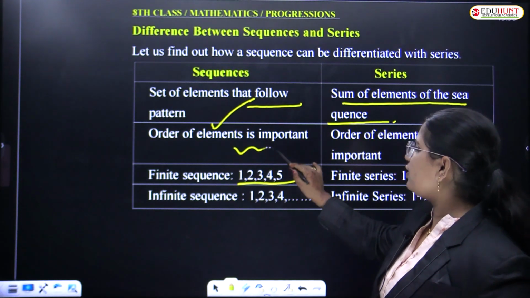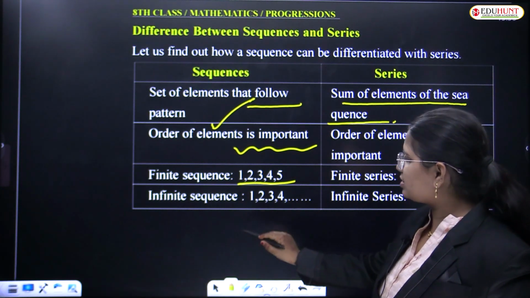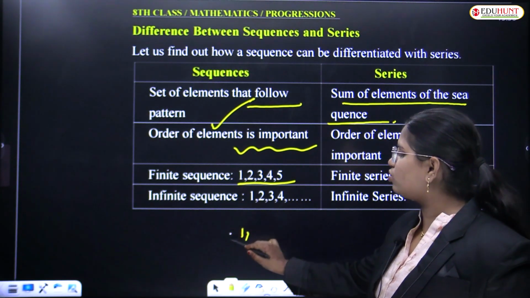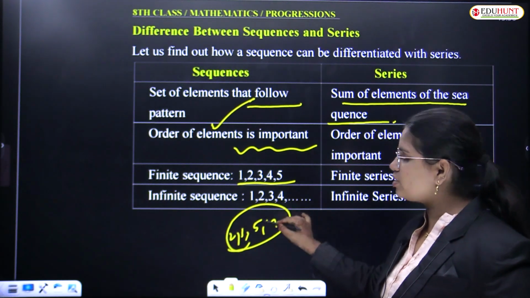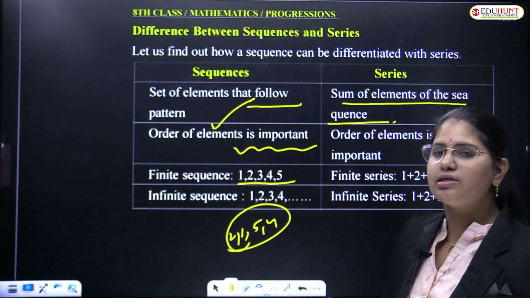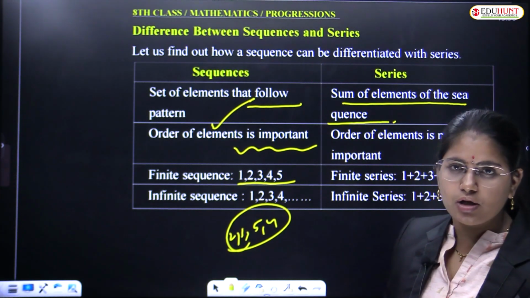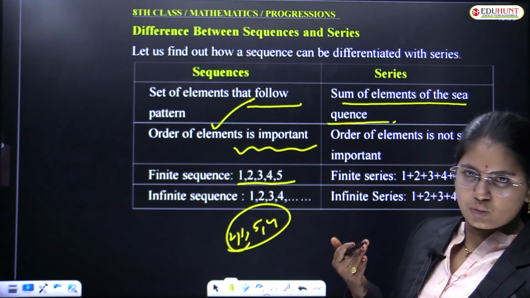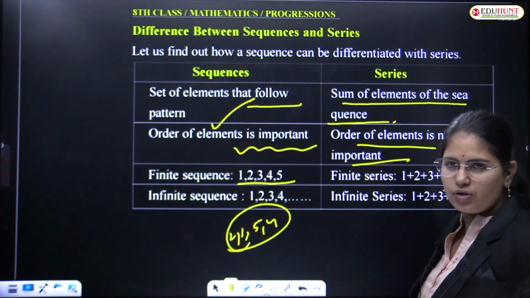Next, the order of elements is important. For example, you cannot write 2, 1, 5, 4. Of course these are terms, but they should follow some pattern, either by difference or addition or multiplication; it should follow some rule. You need to arrange them in a systematic way. Whereas in a series, the order of elements is not so important.